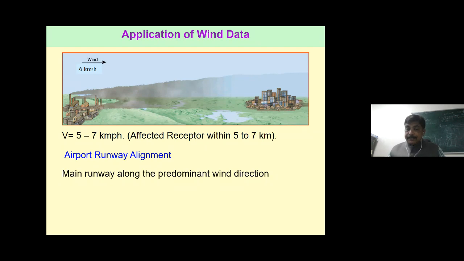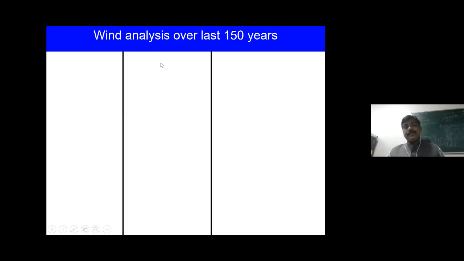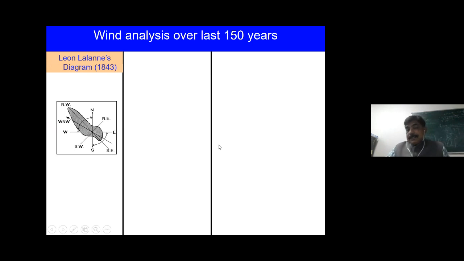So the crosswind matters and therefore windrose data is analyzed for designing the runway. Now since when the analysis started? One of the known or documented versions is 1843.